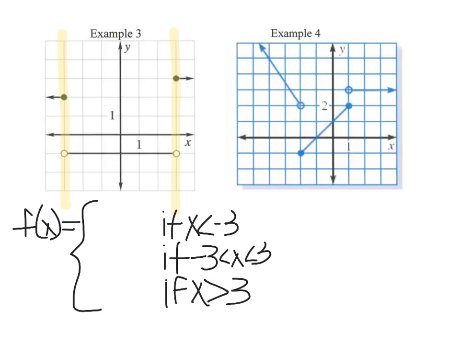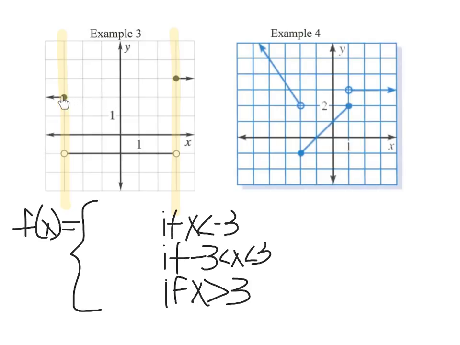So what we want to do is look at the part of the graph where x is less than -3. So we go to x equals -3. Which part is less than that? That would be this one right here. And we know it's a horizontal line, so horizontal lines are always going to be y equals a number. So where would this cross the y-axis? This would cross the y-axis at +2.